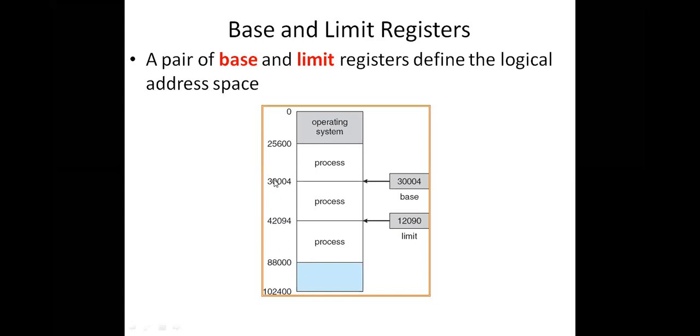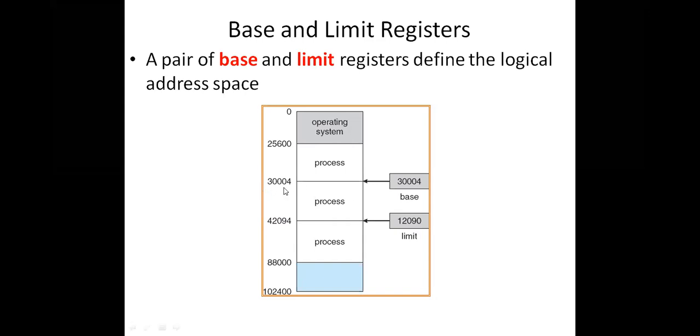Base 1000, limit 1500? No. Base is 1000 and the limit is 500, not 1500. Why? Because you need to subtract 1000 from 1500, since the limit is the size of the process. Here also, 42094 minus 30004 gives 12090.